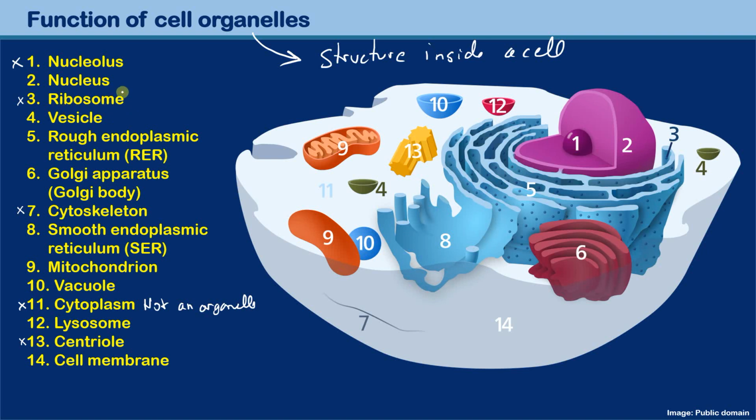So, let's not get into details and get lost. I think it's important that you simply understand the different parts of the cell and what they're responsible for. Okay, so this was it, and make sure that you have a table and memorize the function of these cell parts or structures.